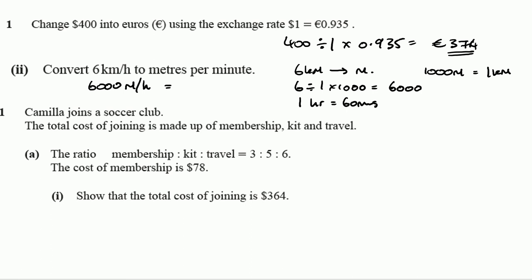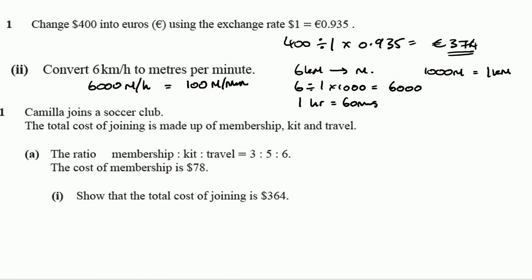So 6,000 divided by 60 is, of course, just 100 meters per minute. If we were to times by 60, we'd end up with something enormous, and that wouldn't make any sense. We have to do less per minute than we do per hour. So we've got to think about dividing by 60 in this case.